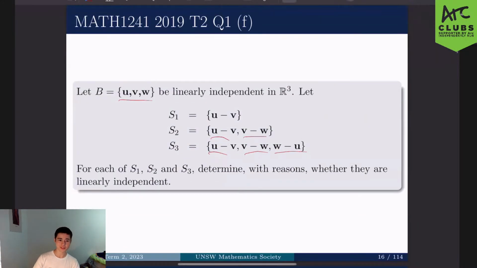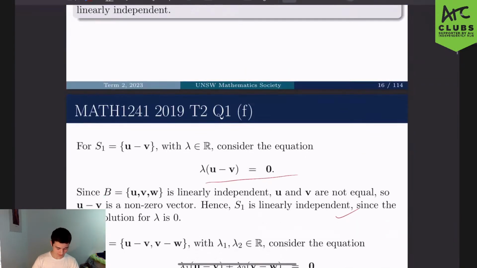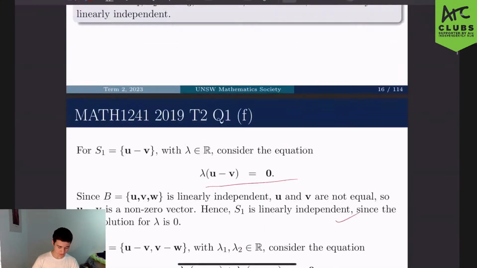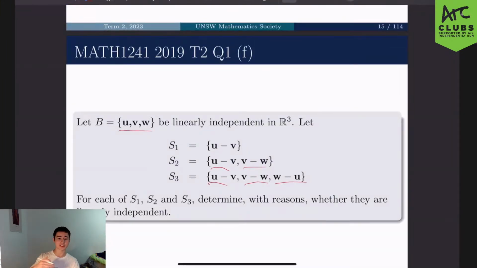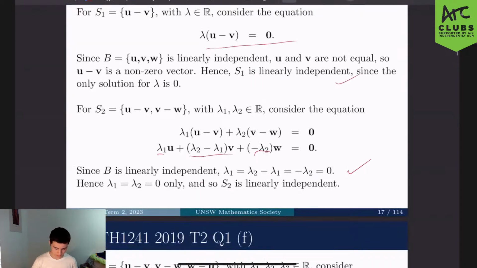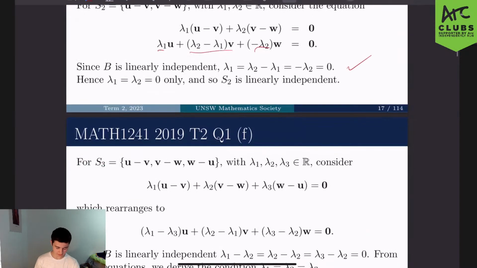So, question 3. As I said, we're going to attach our scalars to these three vectors, and then break it down into our linearly independent vectors u, v, and w. Once we do this, we get this.